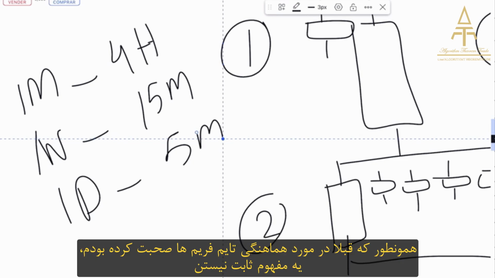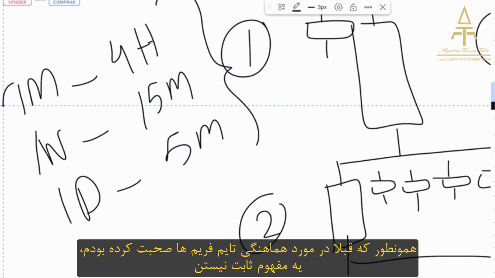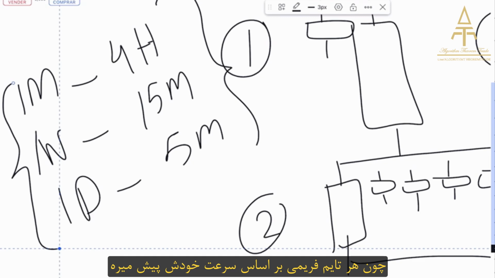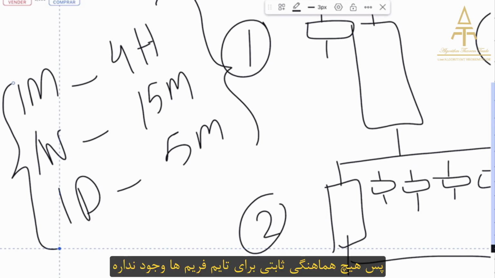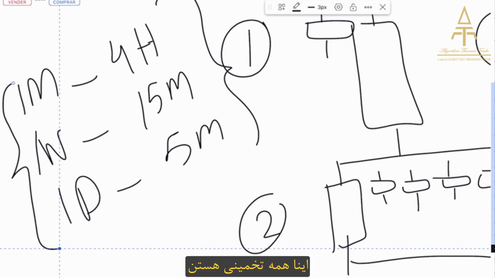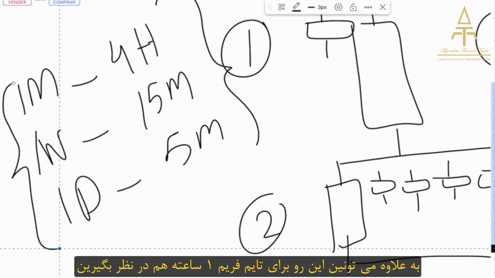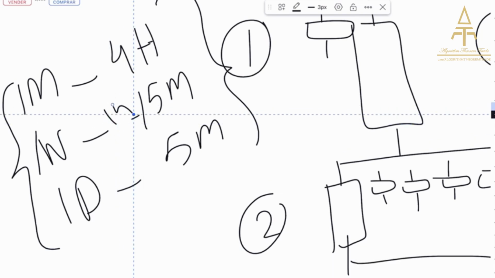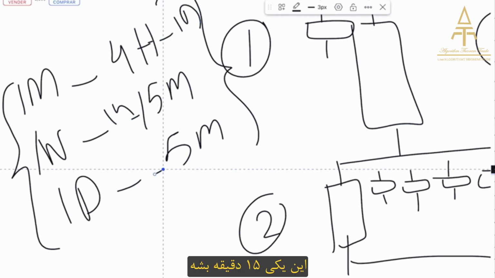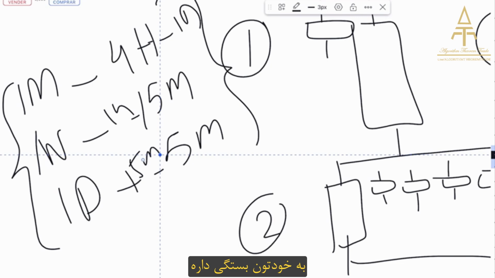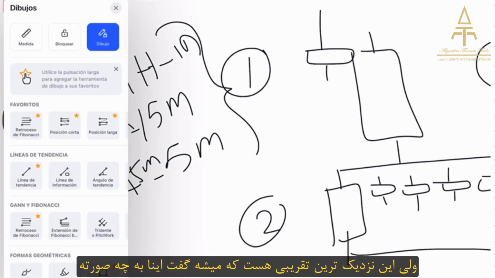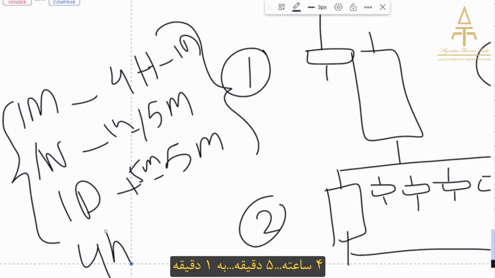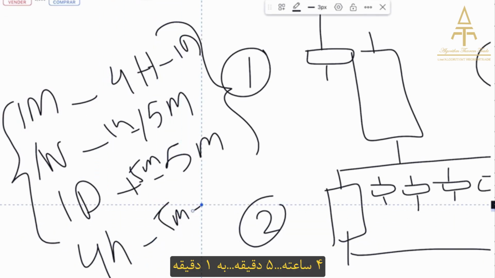Now, time frame alignment, as I've said before, is not a fixed concept because every time frame is printing at its own pace. So there is no fixed time frame alignment. These are rough estimations. You can also have this as the 1 hour, for example. This is the daily, this has a 15-minute. It's up to you, but this is the closest approximation of what it's like. 4 hour, 5-minute, 12-minute.